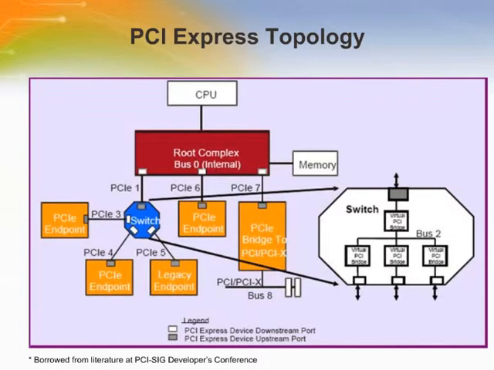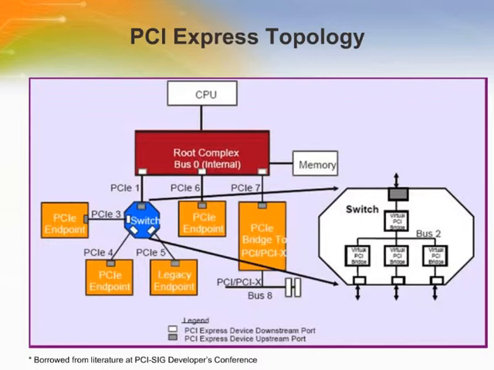The basic PCI Express topology includes 4 major components: the root complex, bridges, switches, and endpoints. The root complex is the device that connects the CPU and memory subsystems to the total PCI Express fabric and can support one or more PCI Express ports. The example in this figure has 3 ports.